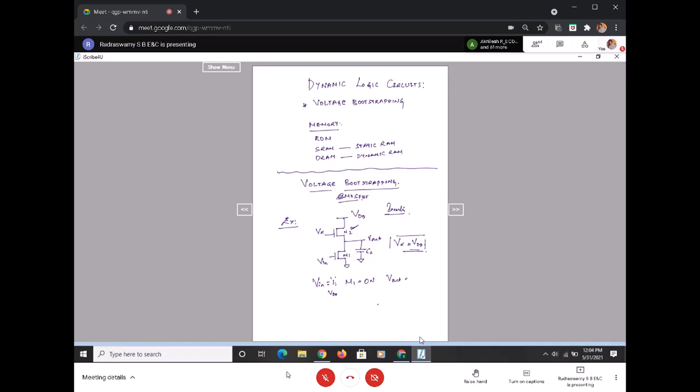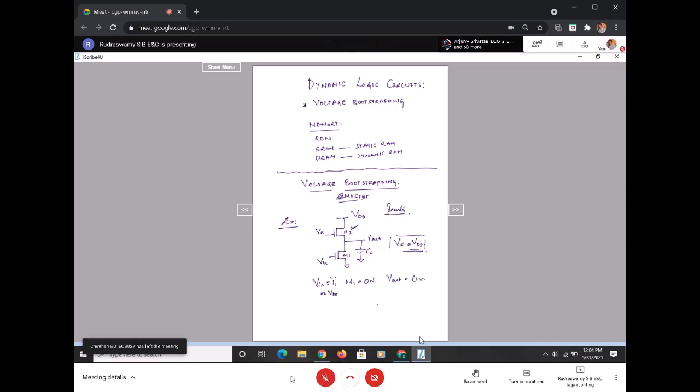M1 is on. What will be my V out when Vin is equal to 1 for this circuit? It is 0 volts.